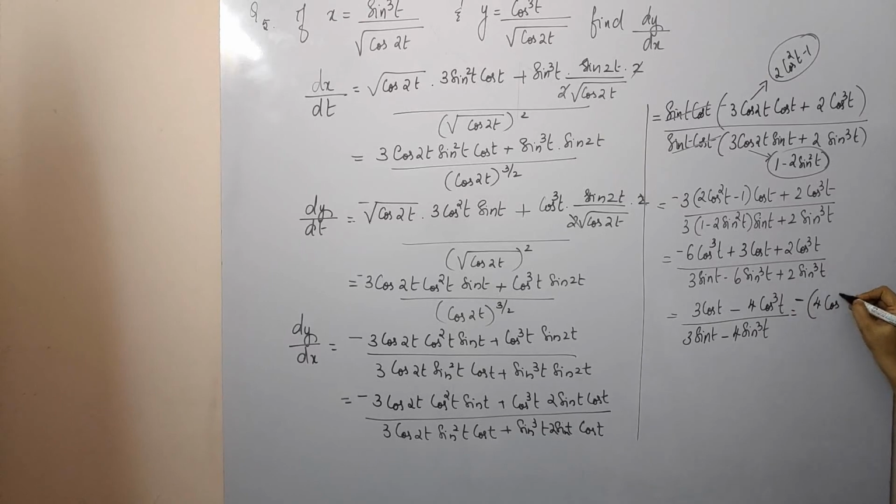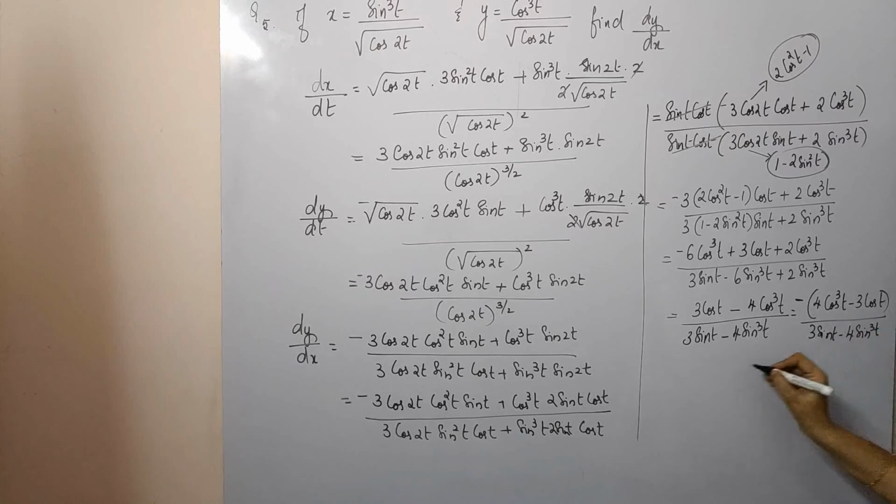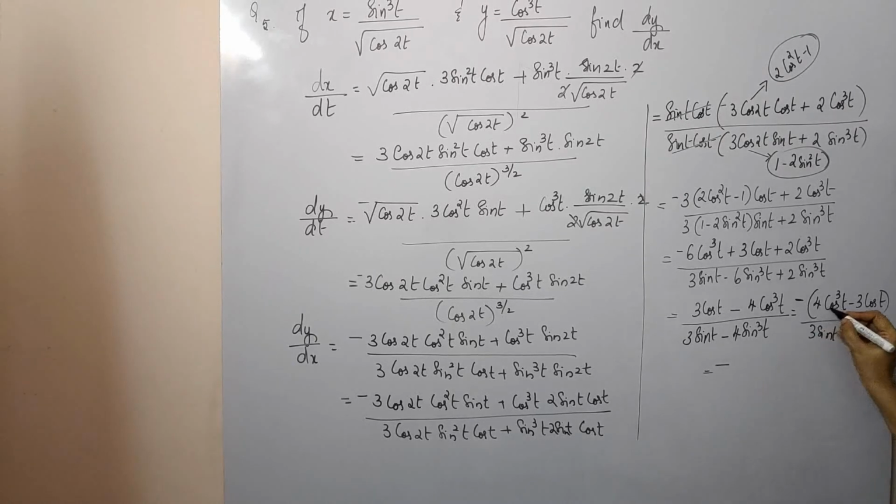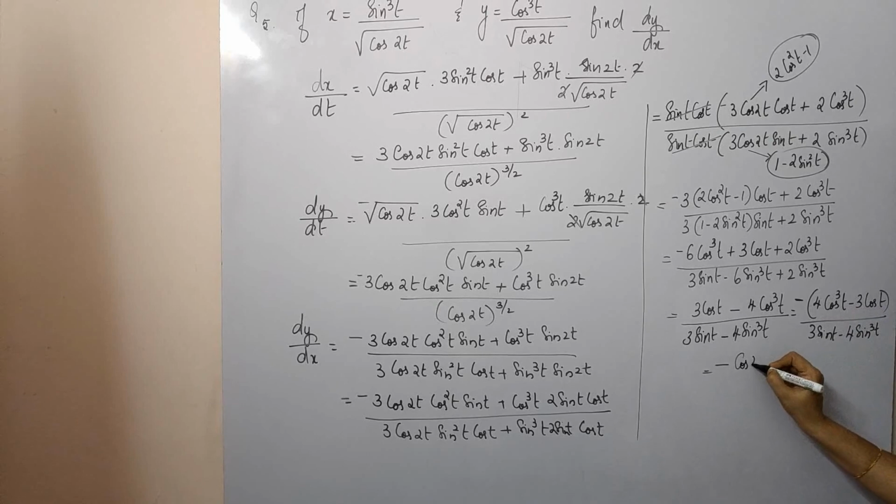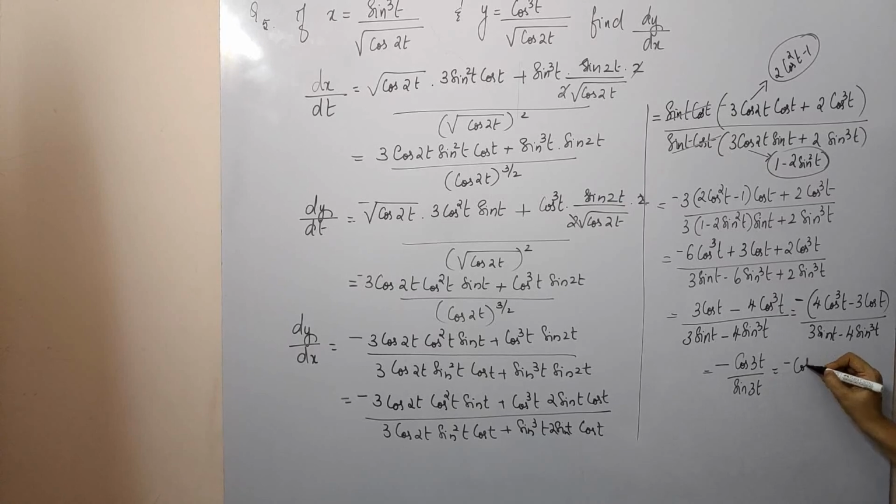That gives me 4 cos cube t minus 3 cos t divided by 3 sin t minus 4 sin cube t. This is equal to what? Minus of, this is cos 3t divided by sin 3t, which is equal to minus of cot 3t. This is the simplest form of it, minus of cot 3t.